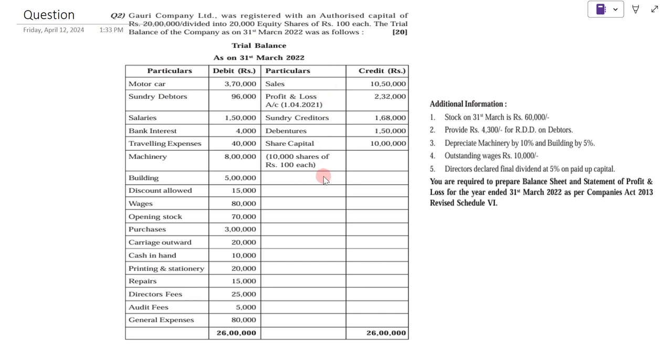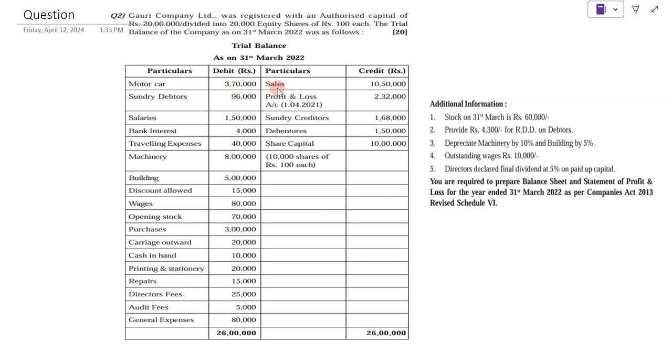To the credit side, these are the items like motor car, sundry debtors, salary, bank interest, traveling expenses, machinery, building, discount allowed, wages, opening stock, purchases, carriage outward, cash in hand, printing and stationery, repairs, director's fees, audit fees, journal expenses. So in front of each particular, the amount is given.